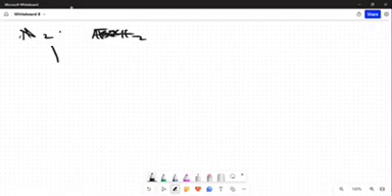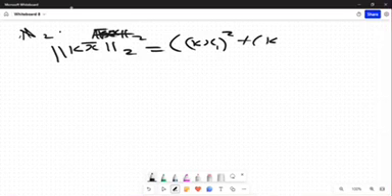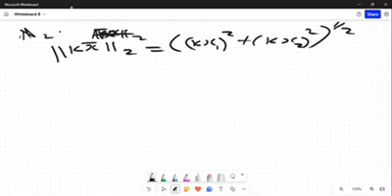In other words, the norm of k x bar, norm 2, is equal to (k x1 squared plus k x2 squared) everything to power half. If you do k norm of x1 bar, that would be (k x1) squared plus (k x2) squared to power half. That's how norm 2 is defined.